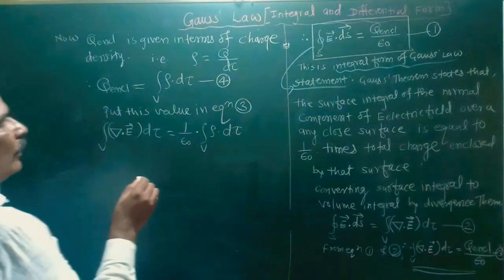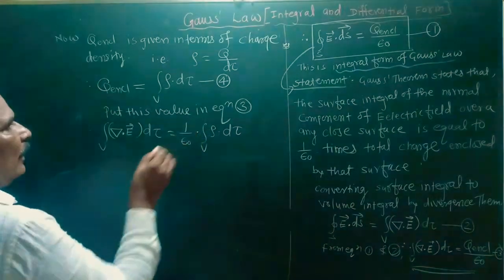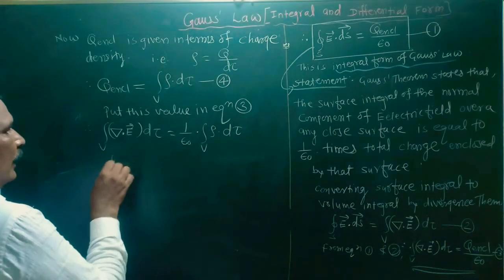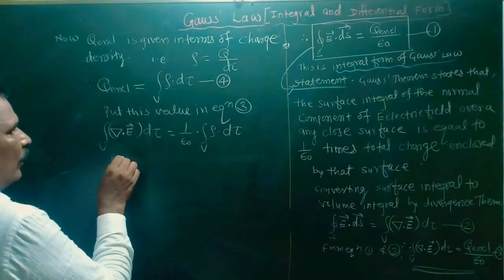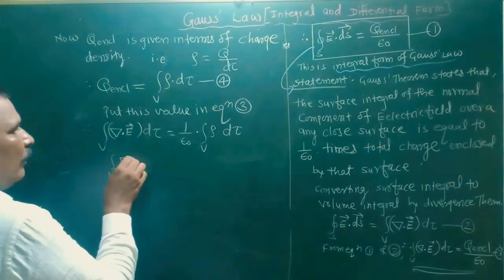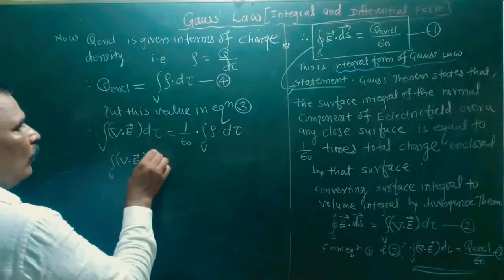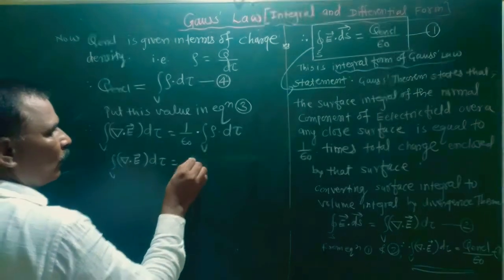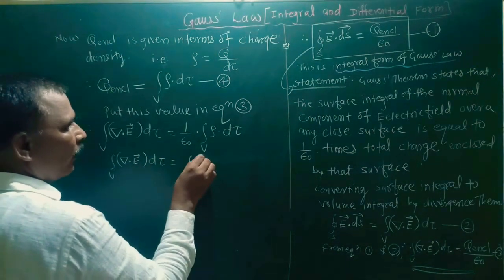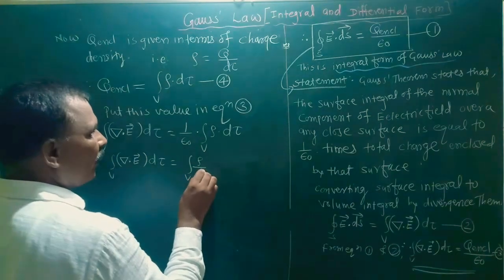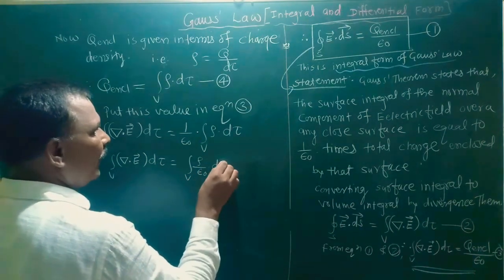Now epsilon 0 comes inside the integration. That is, the volume integration of divergence of E bar into d tau is equal to the volume integration of rho upon epsilon naught into d tau.